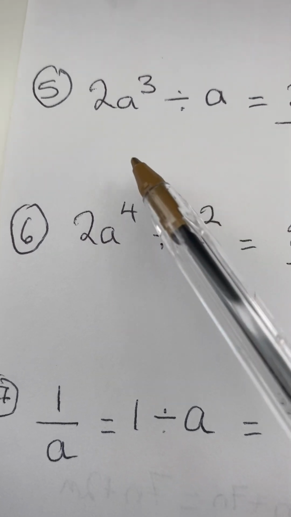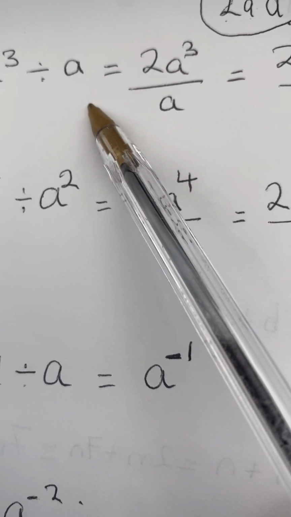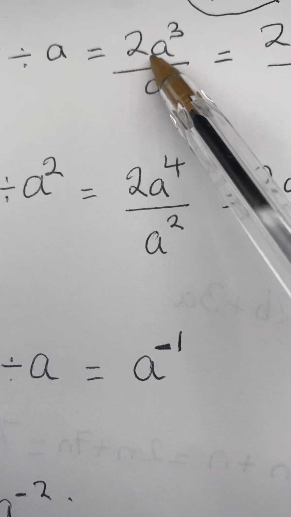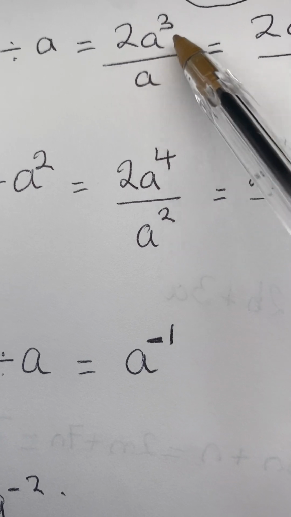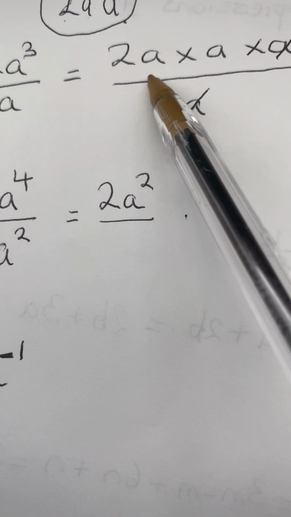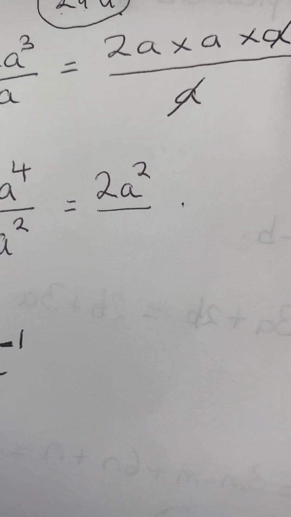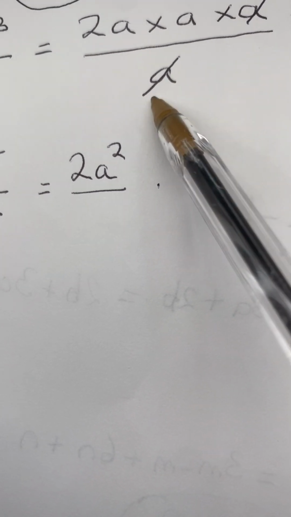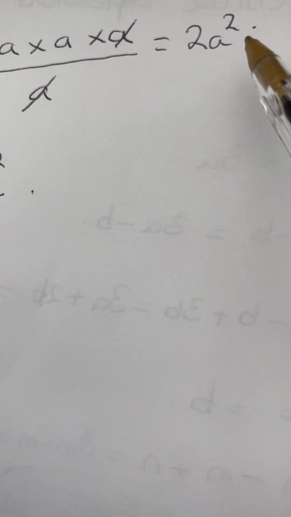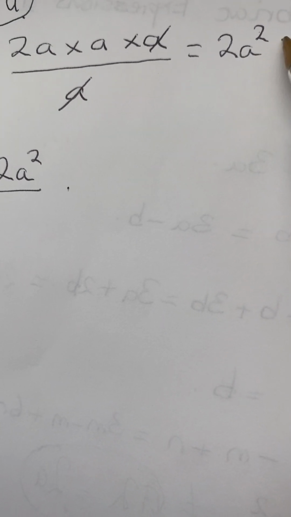Now 2a to the power 3 divided by a. Here again you can write it as 2a to the power 3 minus 1, or you can write it as 2a times a times a divided by a. So one of the a's will cancel out, so your answer will be 2a to the power 2.